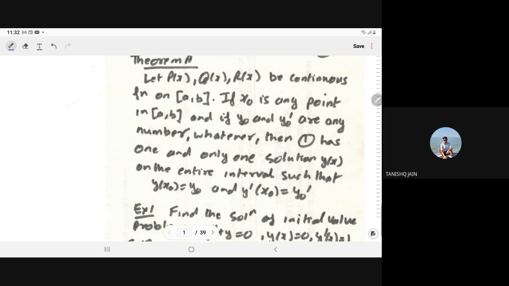This is the derivative, and this is the given number.